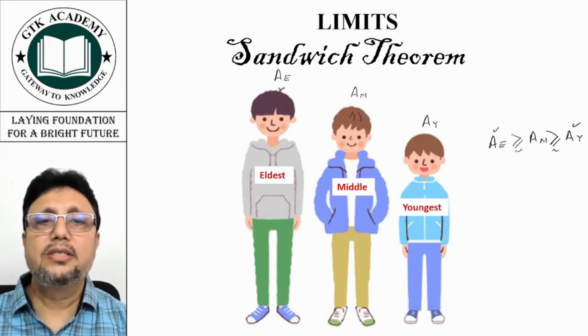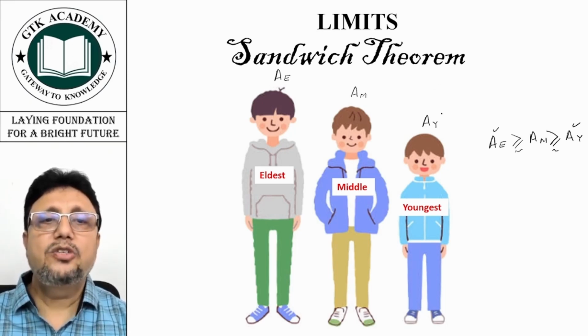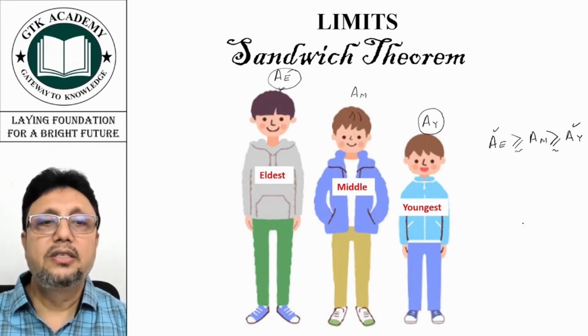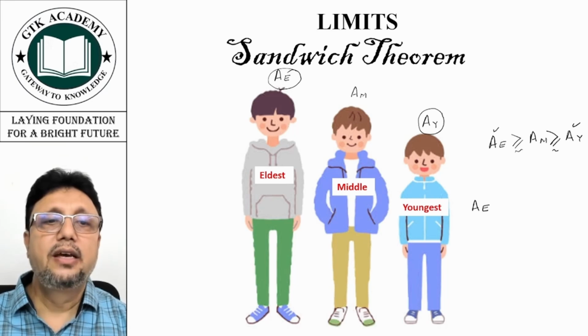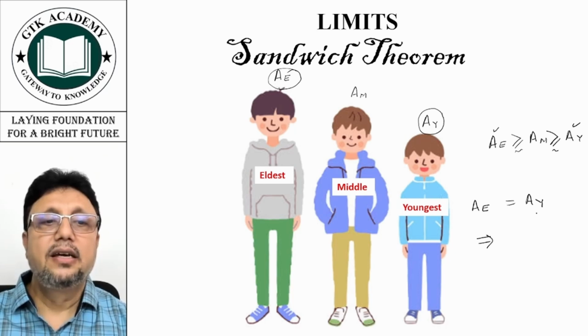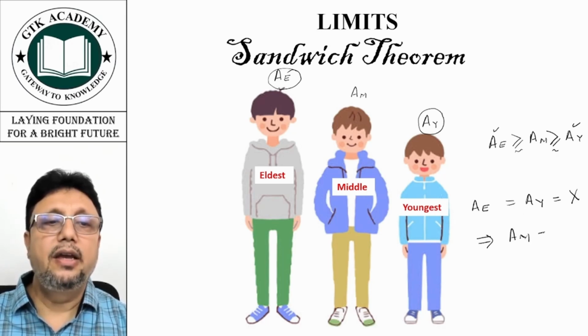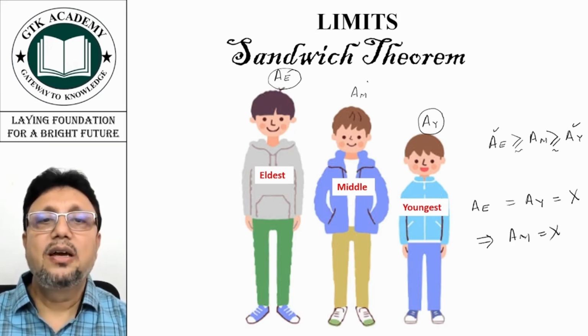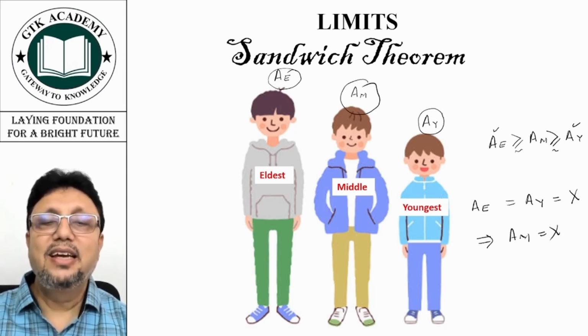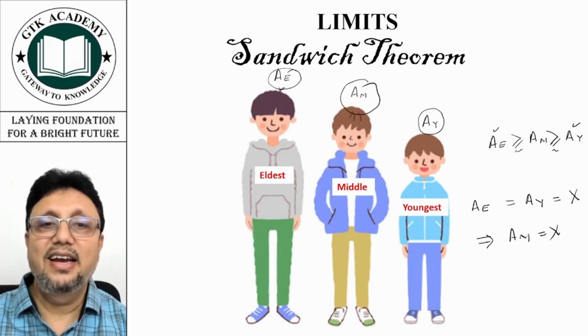Why have I put the equality sign here? Because they may be twins, all born at the same time. Now, if I say that the age of the youngest and the age of the eldest are equal, say equal to x, this will indicate the age of the middle will also be equal to x, because the middle is sandwiched between the eldest and youngest, right?